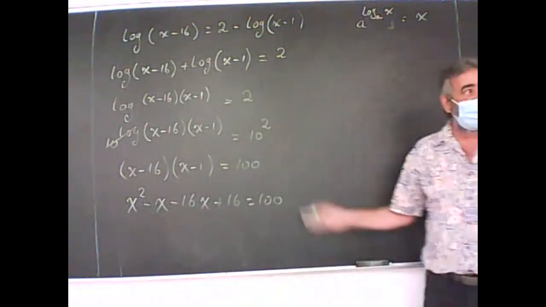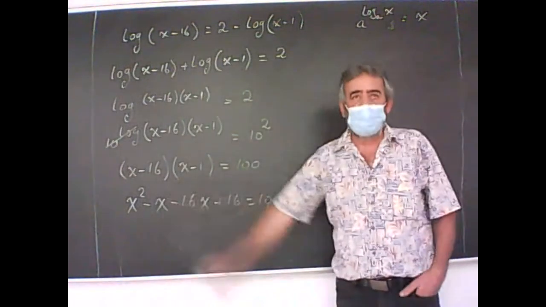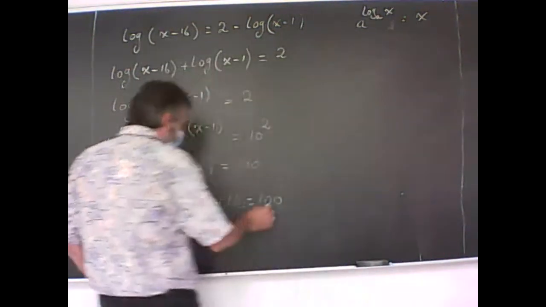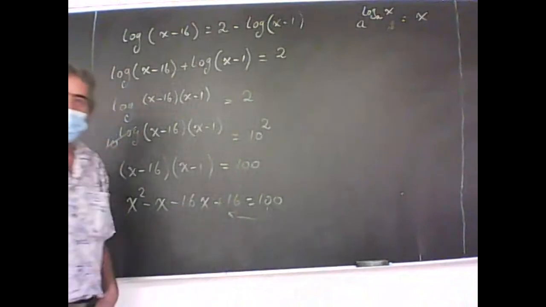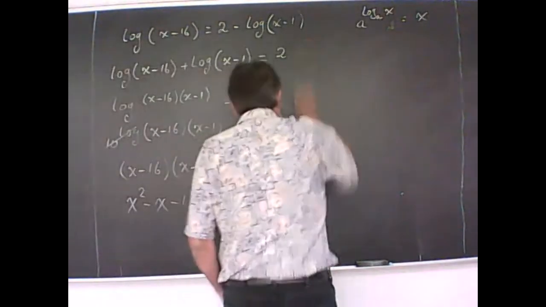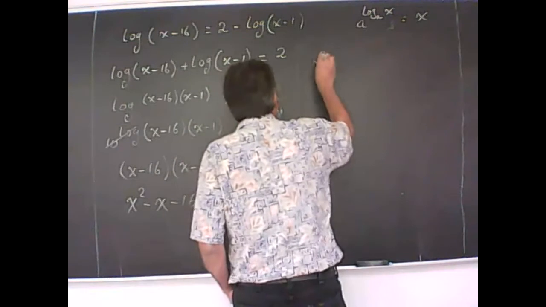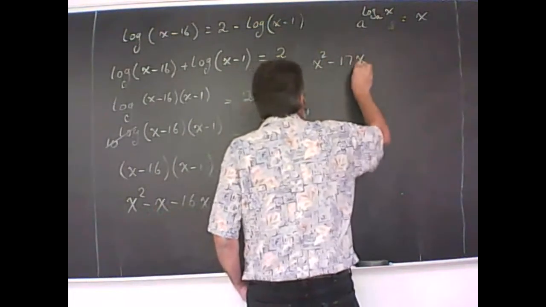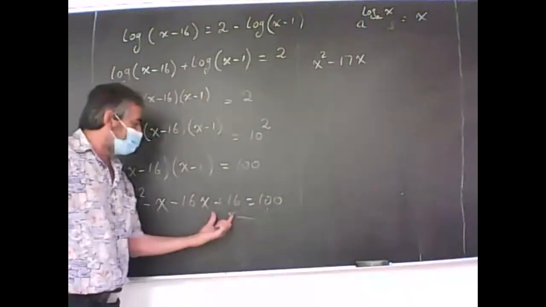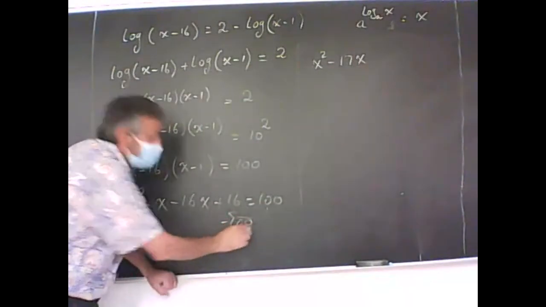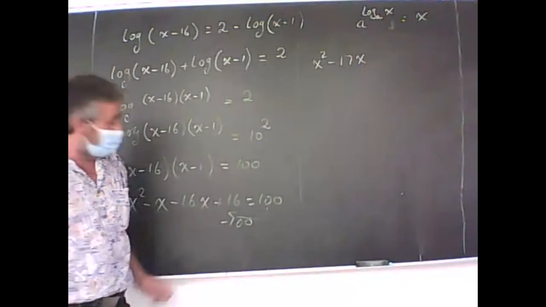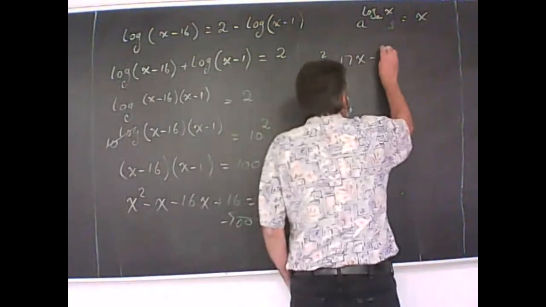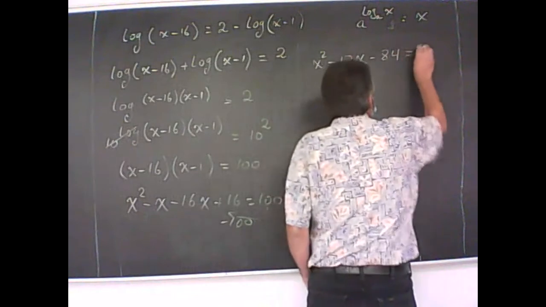In a quadratic, we have to move everything to one side. Okay? So that means we're going to bring this 100 over here. So what do I have? We have x squared minus x minus 16x, minus 17x. If I bring this 100 over here, that is a negative 100. Yep. 16 minus 100, negative 84 equals.